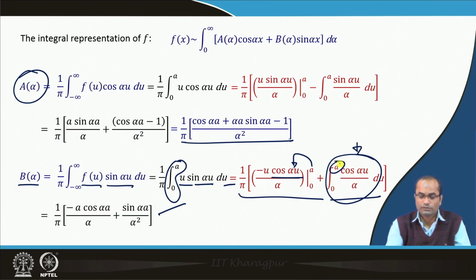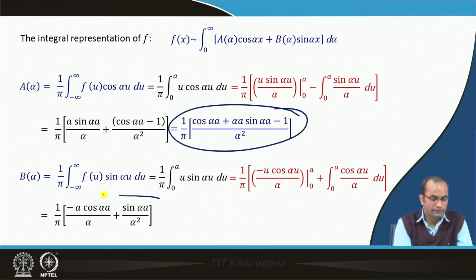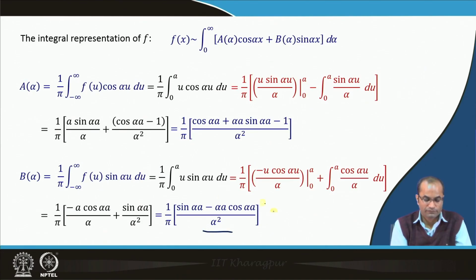So, at 0 that will be 0, but at a we will have here also sin(alpha a), which is coming already there. So, we have the expression for A(alpha), and then we have also for B(alpha), which can be further simplified to have this alpha square.